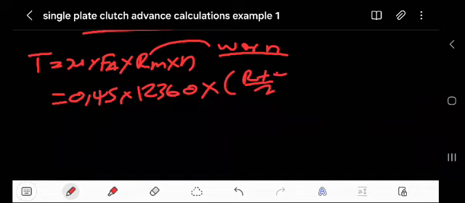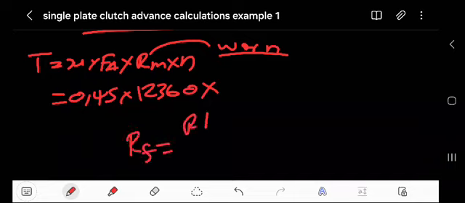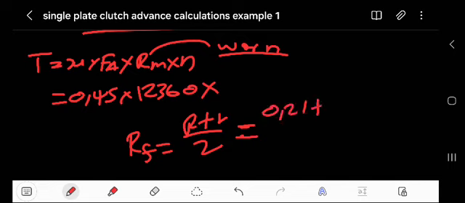Here it is the small r like this. You can simply use it separately: Rf is R plus r over 2. You put in your R, which was 0.21, plus 0.11, divided by 2.